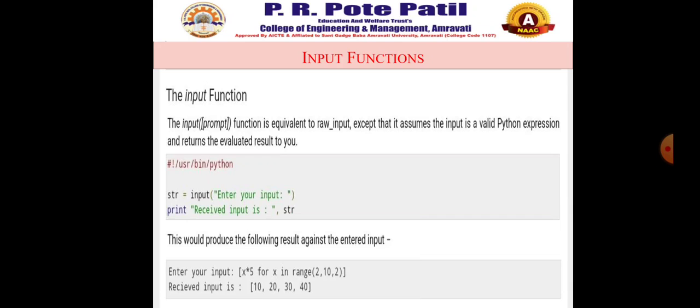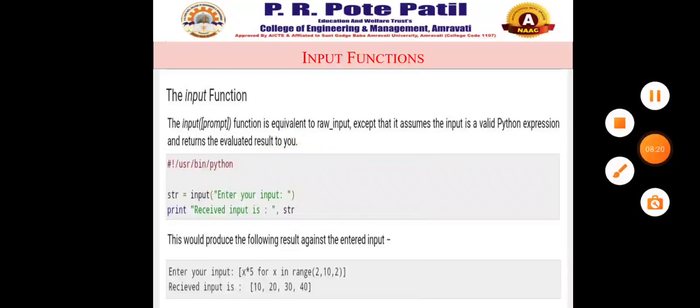The input function is another method which is basically used to read the content from the keyboard. The input prompt function is equivalent to raw_input, except that it assumes the input is a valid Python expression and returns the evaluated result to you.